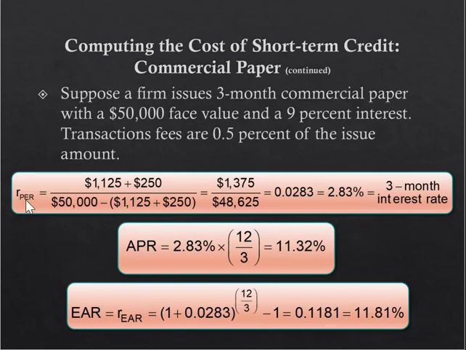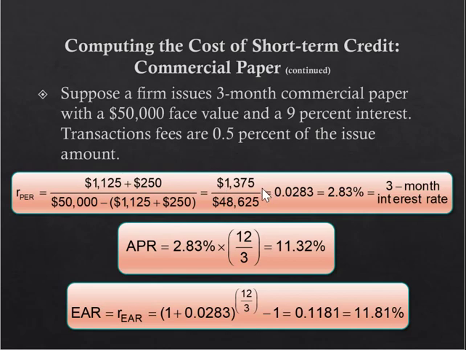Well, the actual rate for the period is going to be $1,125, which is the interest, plus the flotation costs or the commitment fee or what have you. Remember, I had mentioned that before. You're going to divide that by the amount of money you actually receive, which is the $50,000 minus the interest that was not paid, so essentially the discount amount plus the amount of fees that you had to pay.